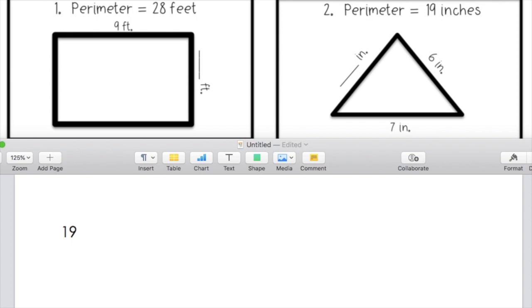First one is I'm going to go 19 minus 7. 19 minus 7 is 12. Now I still have the 6 inches to minus, so I have 12 and I'm going to minus 6, which gives me 6. So I know that the last side is 6 inches.